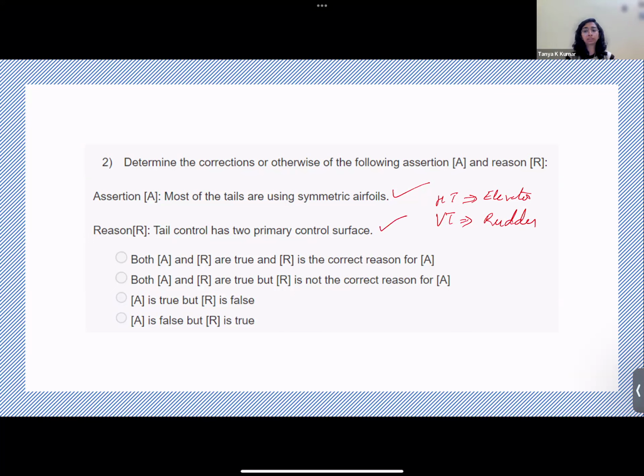Now look at the options and tell me which is right. Both A and R are true, but is the reason the correct reason for the assertion?